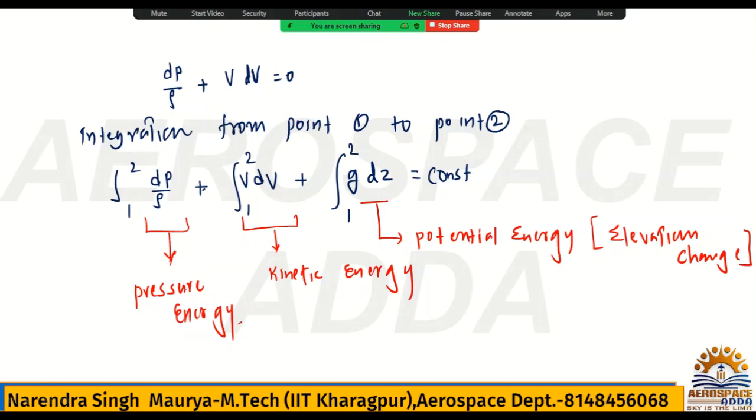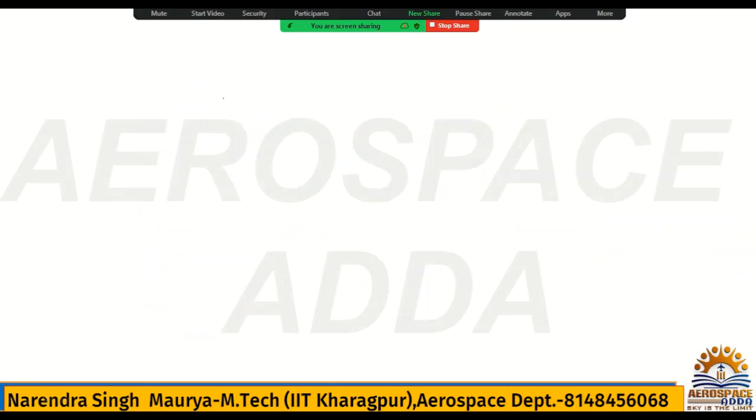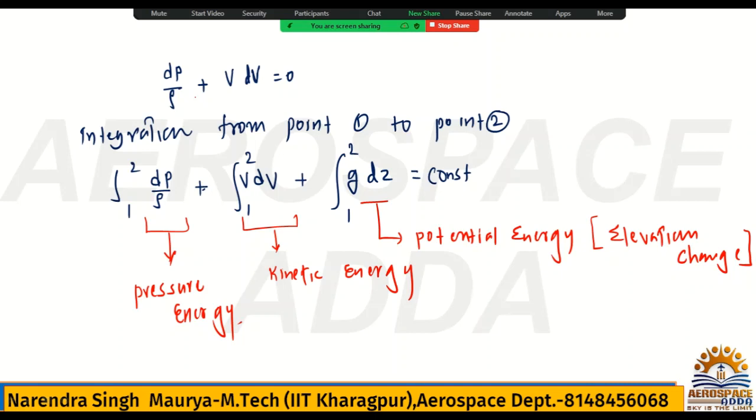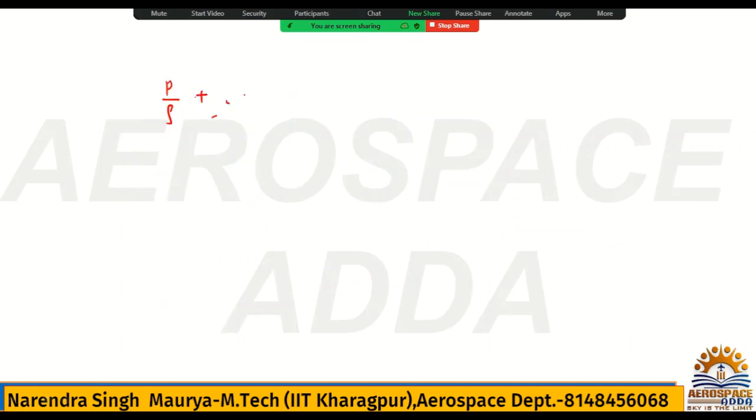Now if you integrate this, what you will get? You will get P by rho plus, what is the VdV? VdV is nothing but V square by 2. If you want to write limit 1 to 2, then you can write V2 square minus V1 square.